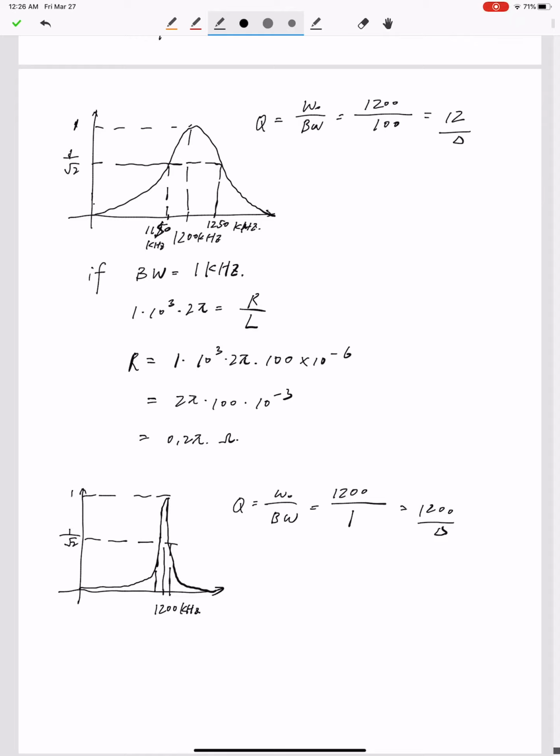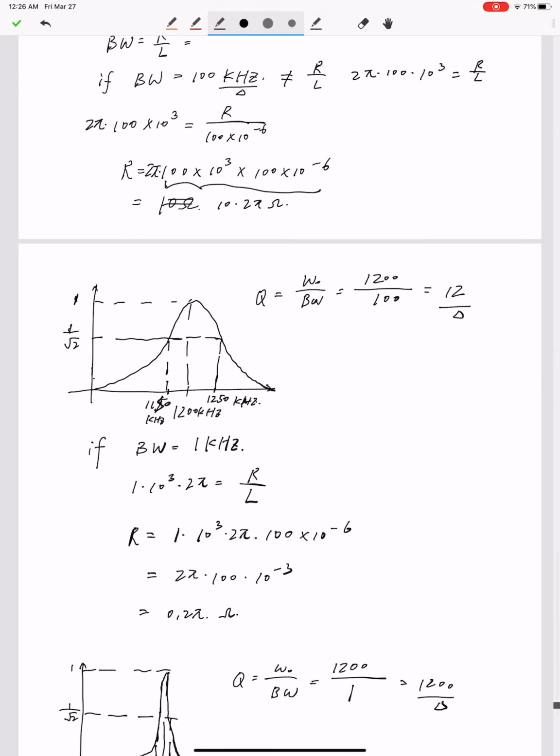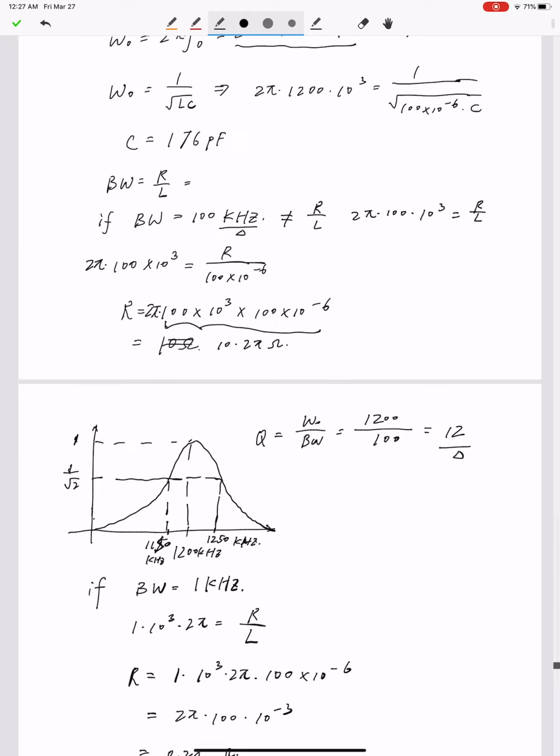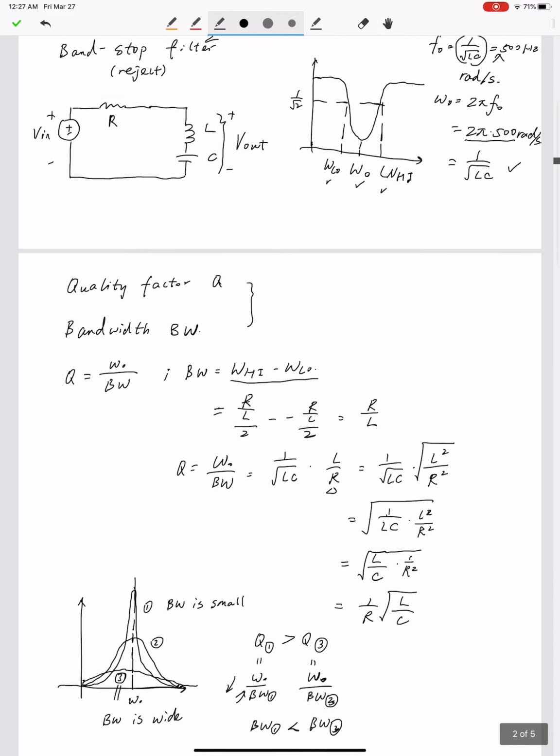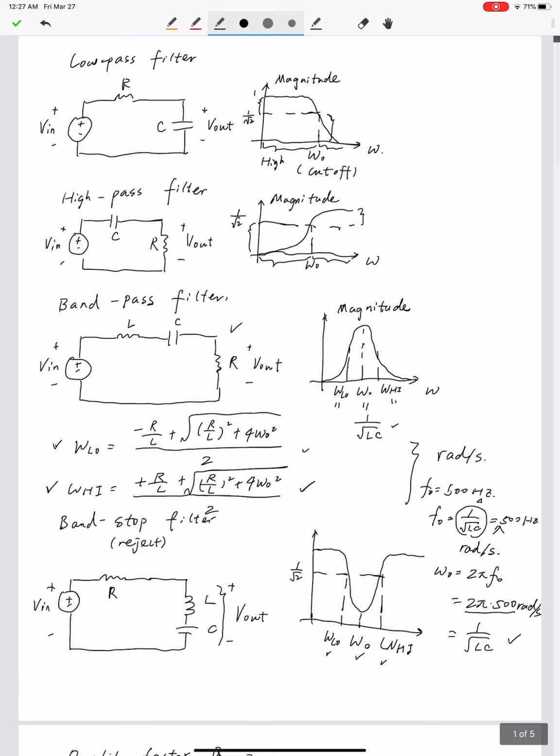Alright, so that's all the content about this chapter. In this chapter, we introduced 4 different types of filters, and we introduced how to build these 4 types of filters by using first order differential equations and second order differential equations, right?